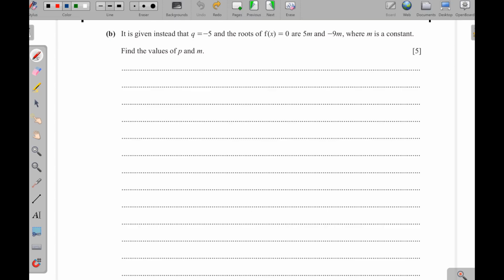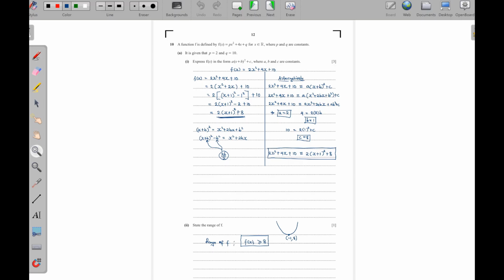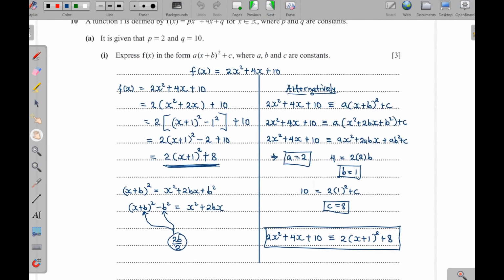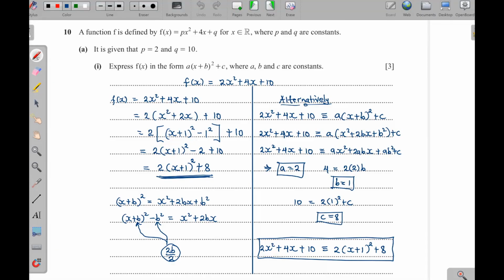So there are two methods that I can use here. The first one, I can substitute these two values in this function wherever there is x. Then those two are equal to 0, and I can solve the two simultaneously.